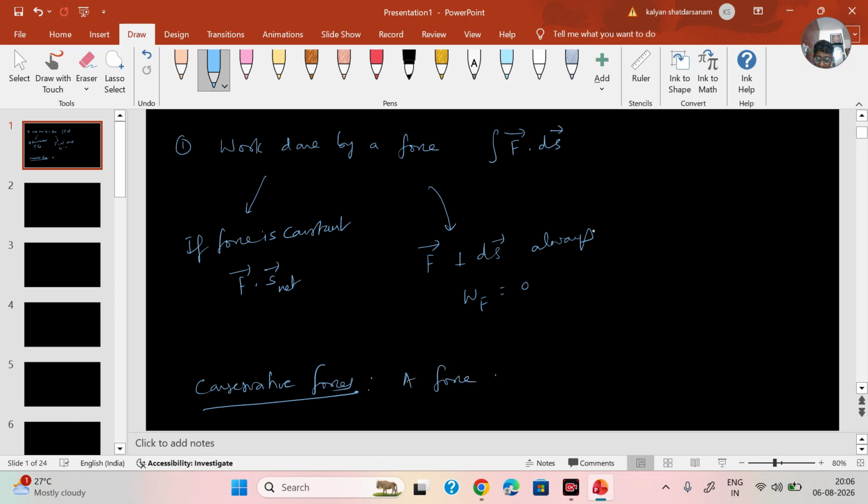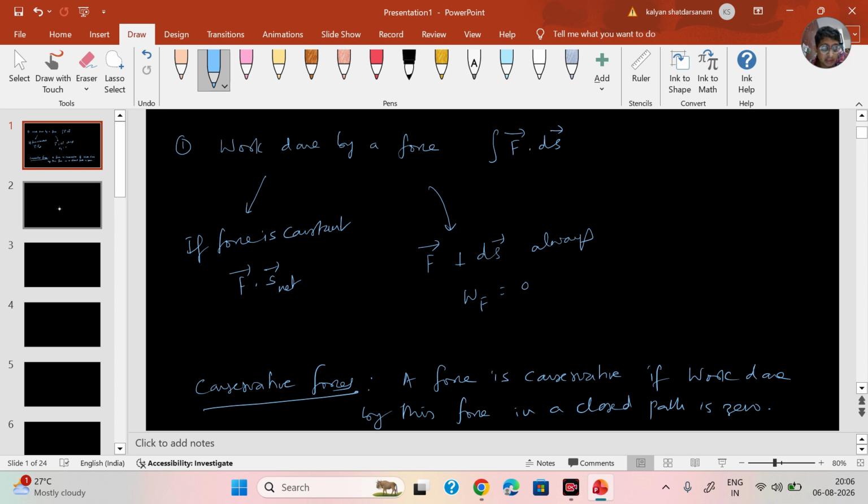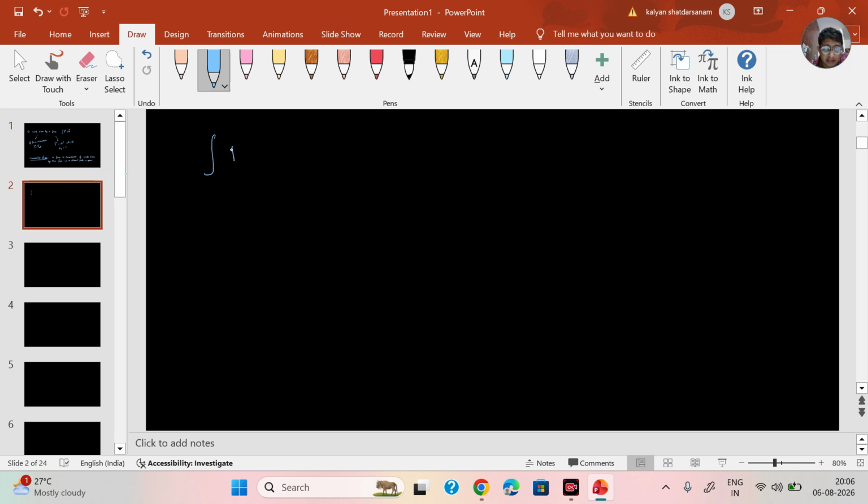A force is conservative if work done by this force in a closed path is zero. This should be true for every closed path. So work done, by definition, is integral f dot ds. This is the general definition.